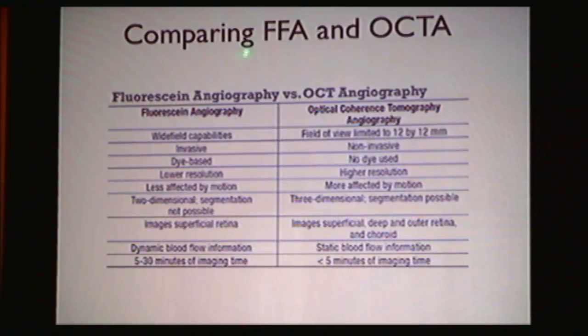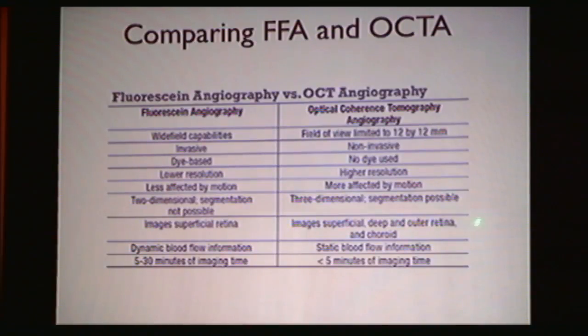Comparing fluorescein with OCTA, we know that it is non-invasive, there is no dye used, and it is high resolution, but more affected by motion. So if the patient is uncooperative and moves the eye a lot, then we do not tend to get a very good scan, so we cannot do the segmentation at excellent levels, and then we miss out on a lot of things.